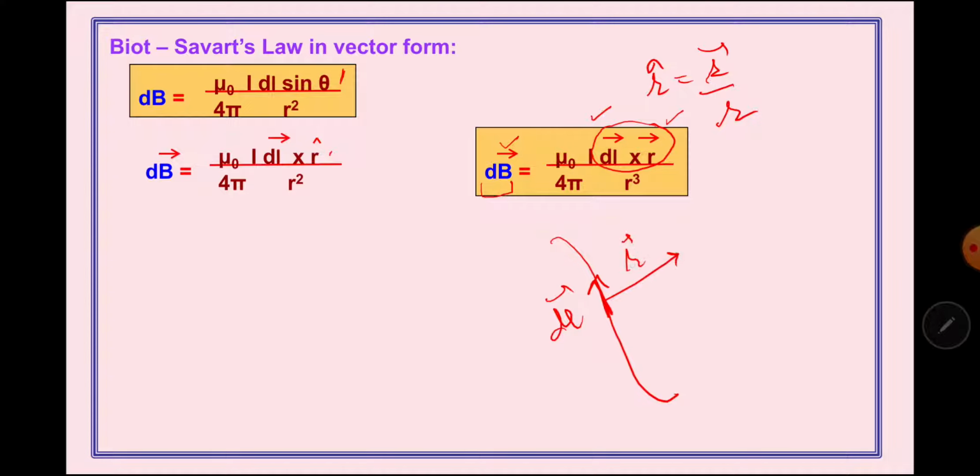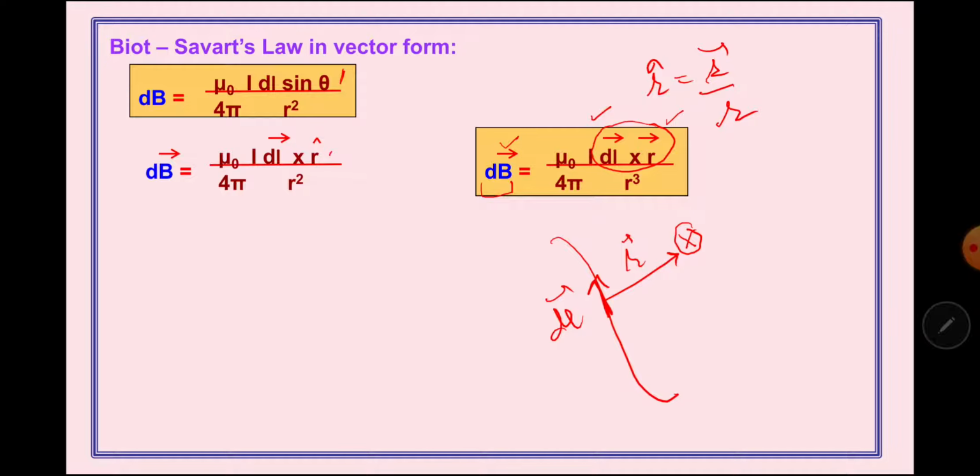So clearly in this case, if I apply the right hand rule to find the direction of cross product, dl cross r in this direction, if I hold dl in my right hand and I turn it towards r, my thumb will point in the inward direction. So the direction of magnetic field on the right hand side of the wire will be perpendicular inward, as it was shown in the previous diagram also.